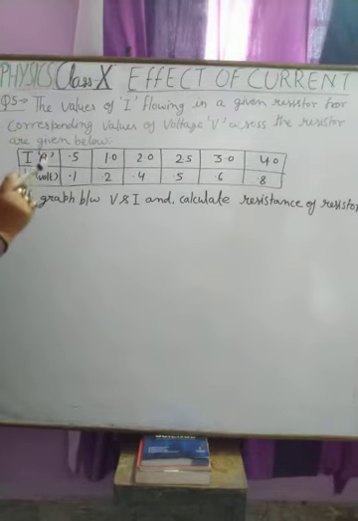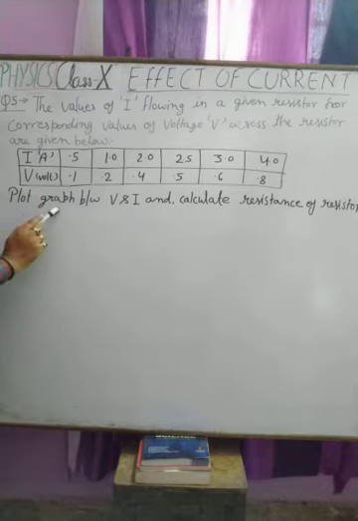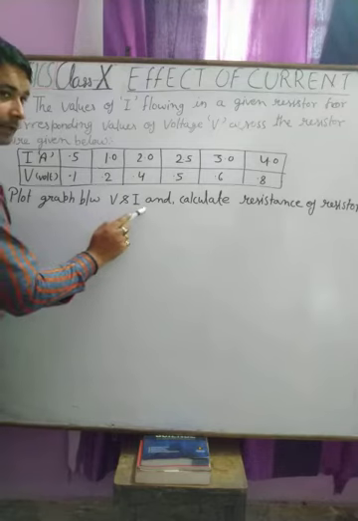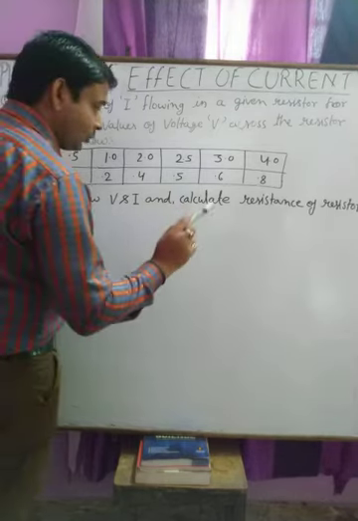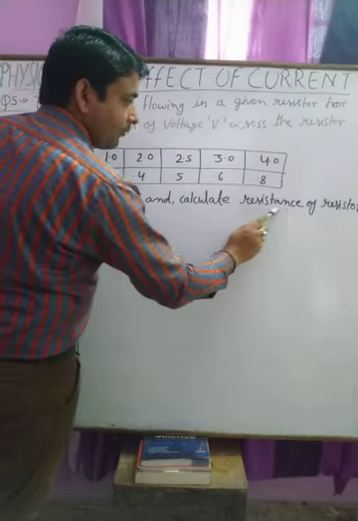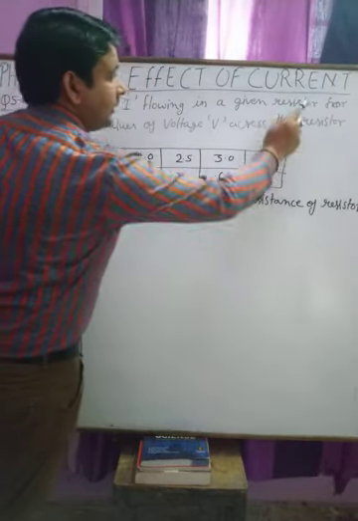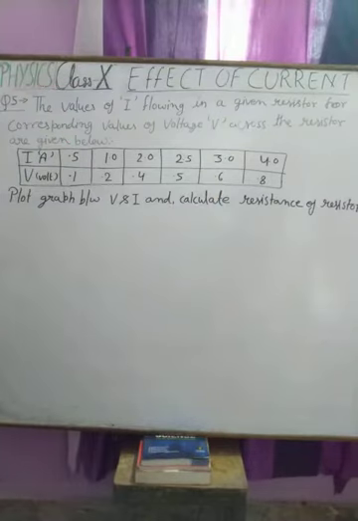For these values of current and corresponding voltage, we have to plot a graph between V and I, and then with the help of the graph calculate the resistance of the given resistor. Now first we go for plotting the graph.